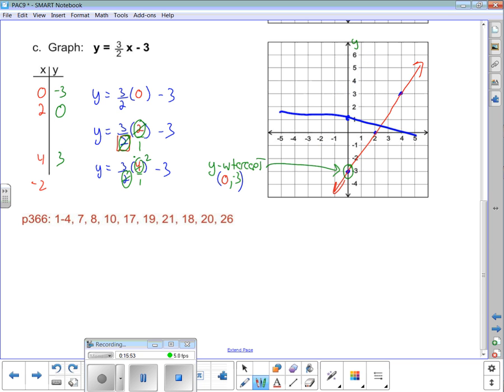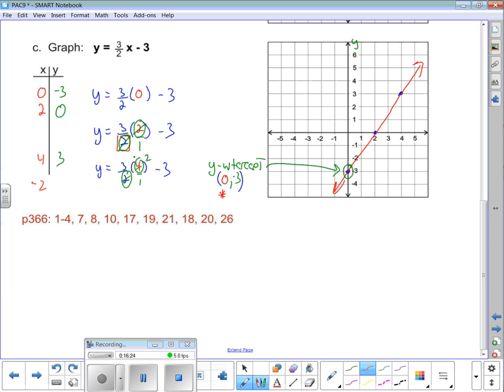What's the x-coordinate of that y-intercept? 0. Here's the point. The x-coordinate of every y-intercept is 0.